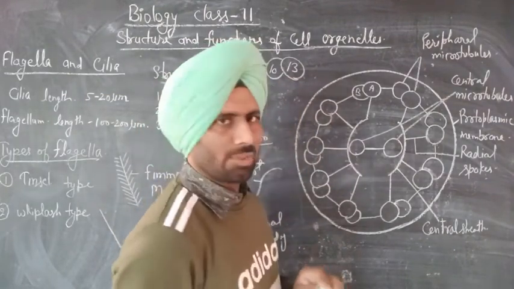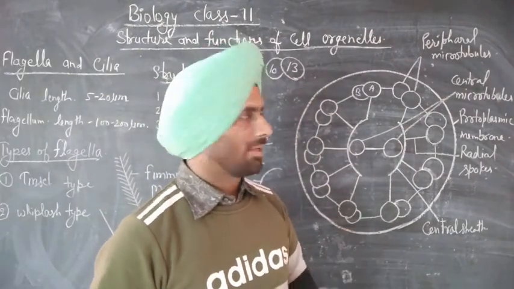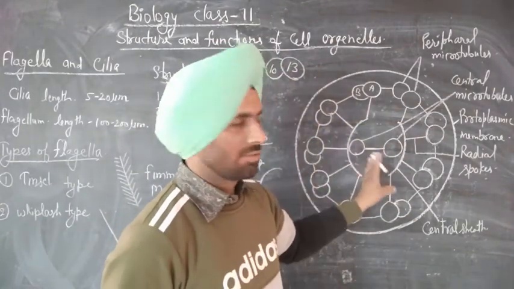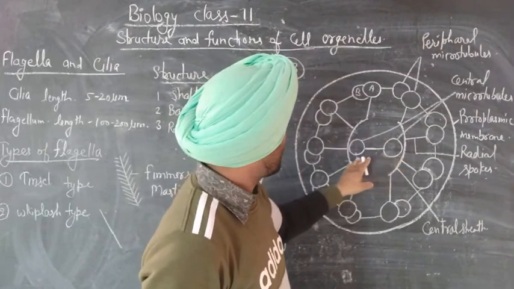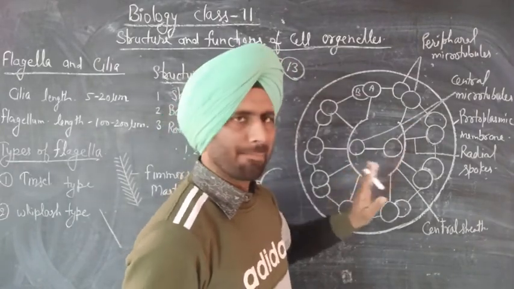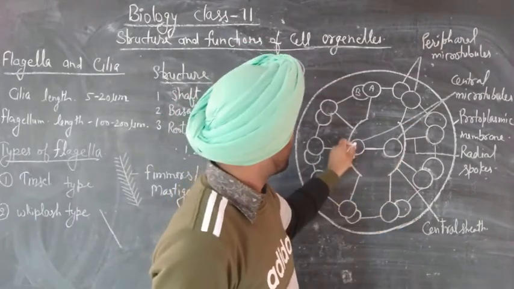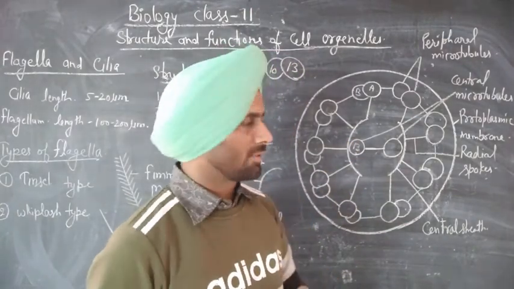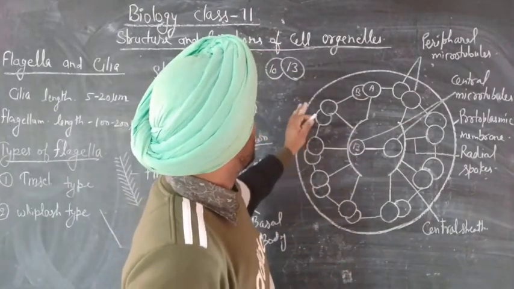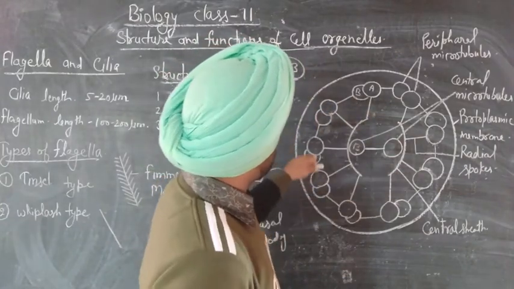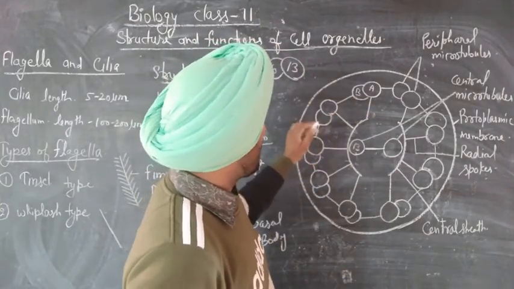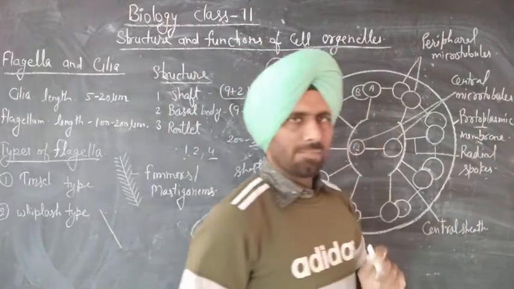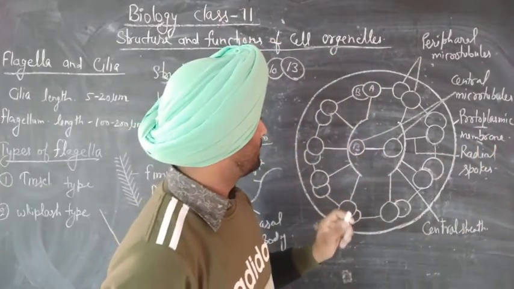They form a doublet and are arranged in the periphery of the central core. The central microtubules are complete. All the microtubules are surrounded by a membrane, that is the protoplasmic membrane or unit membrane.